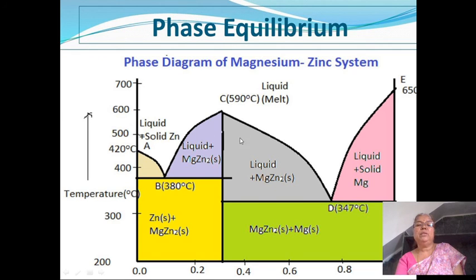Here we have 100% zinc and here 100% magnesium, and the zinc and magnesium alloy will melt at a lowest temperature of 380 degrees centigrade, and the second eutectic point here is 347 degrees centigrade.